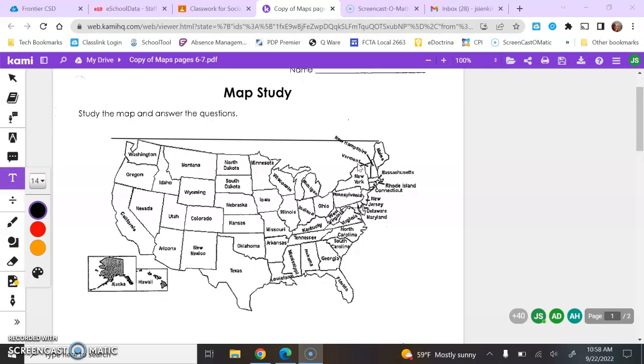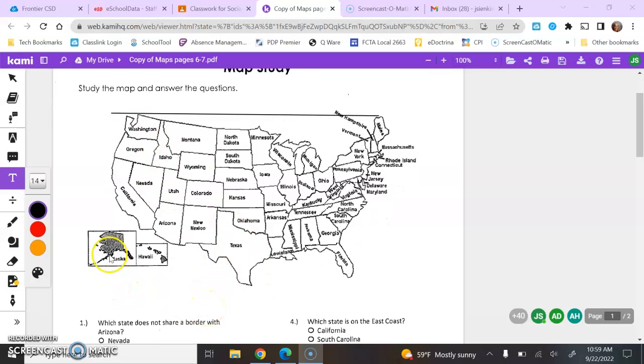So we have a map here, and the directions are to study the map and answer the questions. This is a map of the United States. Hopefully you recognize that. If you look here where my cursor is moving, this is New York. And we have Florida down here, and Texas, Washington.